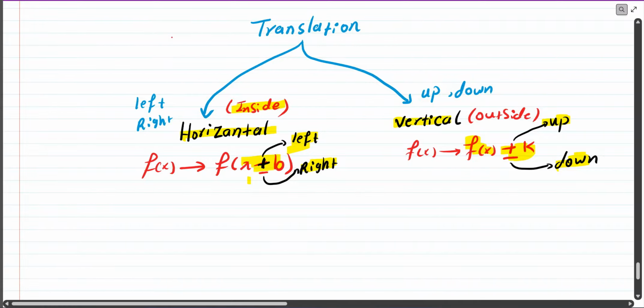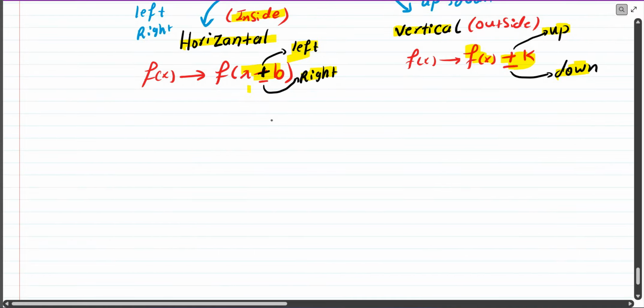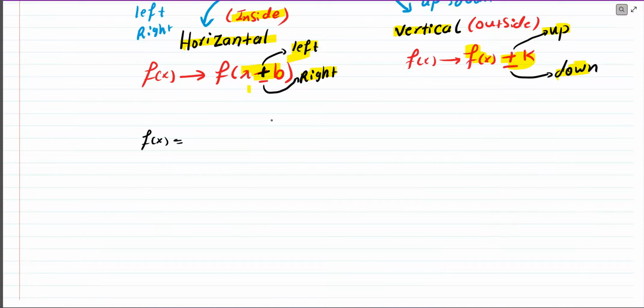Dear students, if we have f of x equals, this is an example, f of x equals x power 2. We all know the graph is going to be a parabola, right? The graph is going to be like this, correct? On 0.